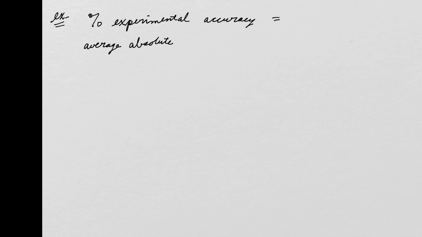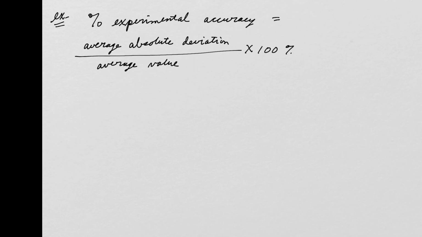Remember the formula for percent experimental accuracy: it's equal to the average absolute deviation divided by the average value times 100. Right, and that'll make it a percent.